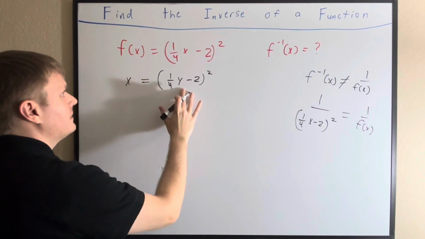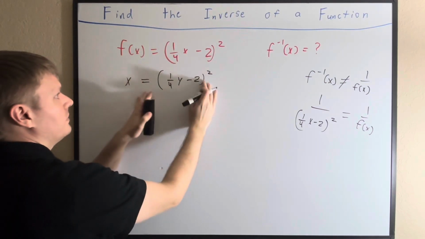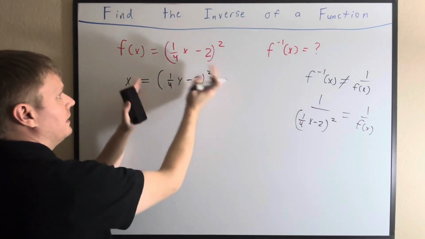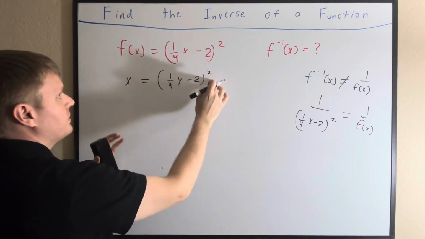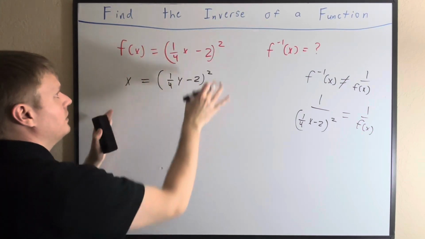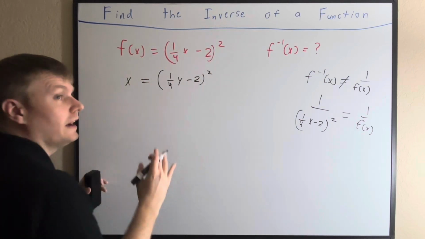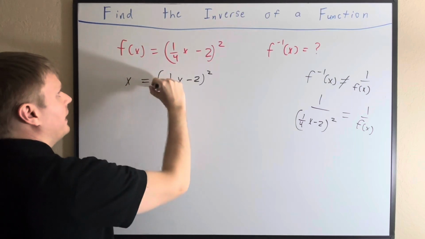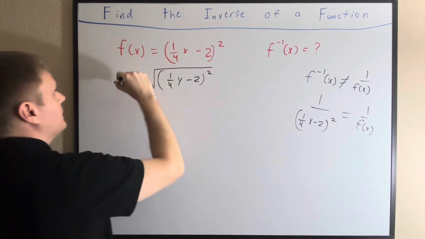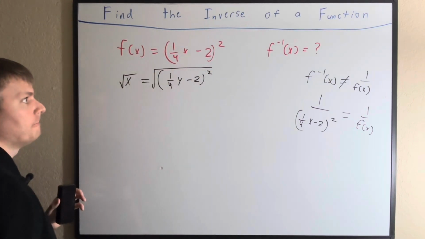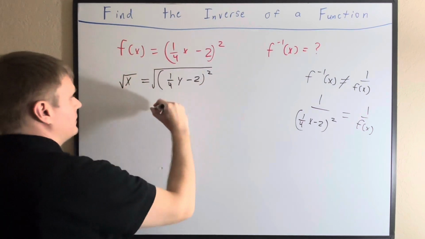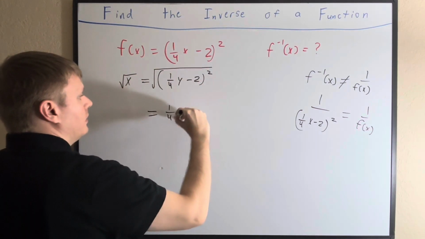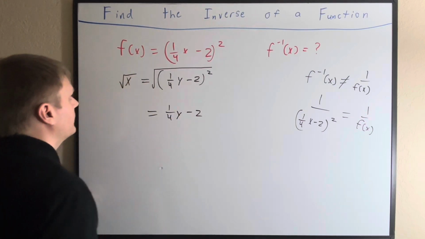So how do we get y by itself? Well, we try and move our way inward and try and get rid of everything around it, right? So first thing is this exponent. We're squaring the entire parentheses, right? So in order to get rid of that, we need to take the square root of both sides. Square root of a square is whatever's underneath it, so 1/4 y minus 2, okay?